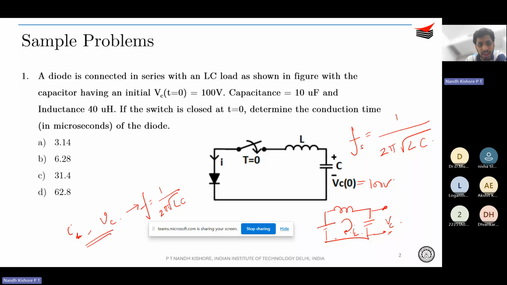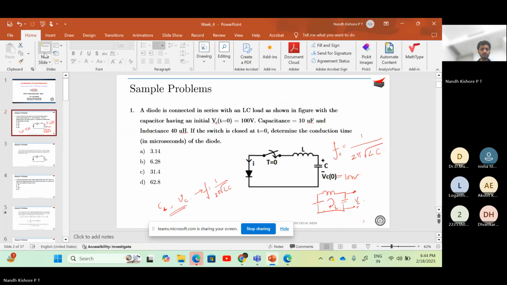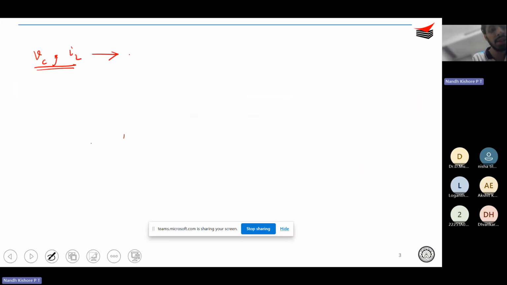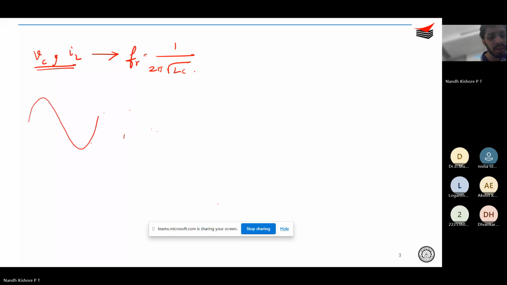Let me take another slide for example. We just established that in an LC circuit you have something called resonance, and your VC and IL, both of which are known as state variables, are going to have a resonating frequency of 1 by 2 pi root LC, which means that your VC will vary something like this, and your IL is also going to vary something like this.